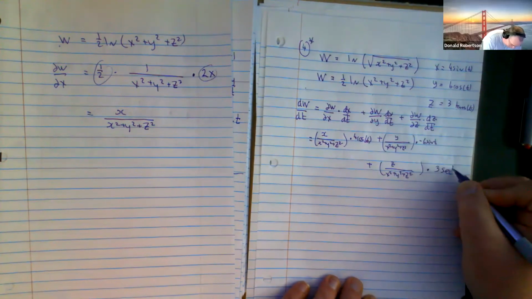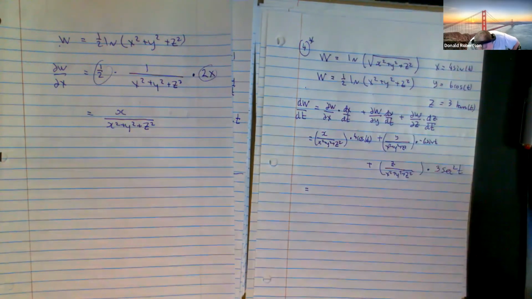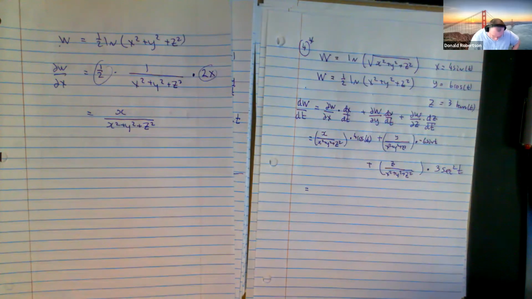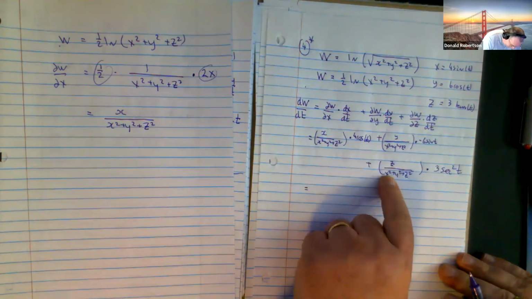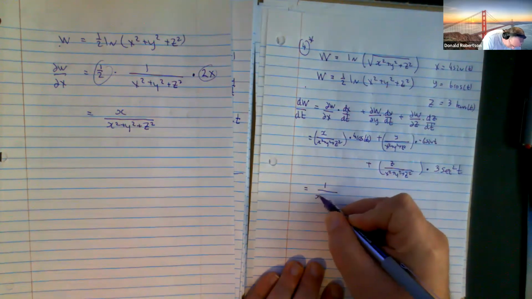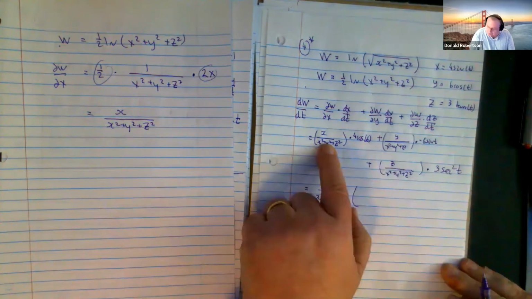Right, now style points. Well, we really are kind of stuck with style points here. Would you agree there's not an awful lot that we can do to make this pretty? But there is something I can do. Can't I pull that guy out, the bottom?